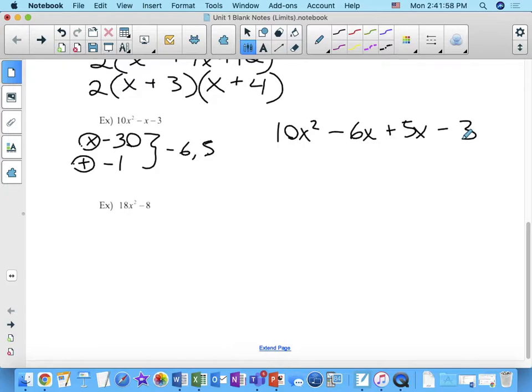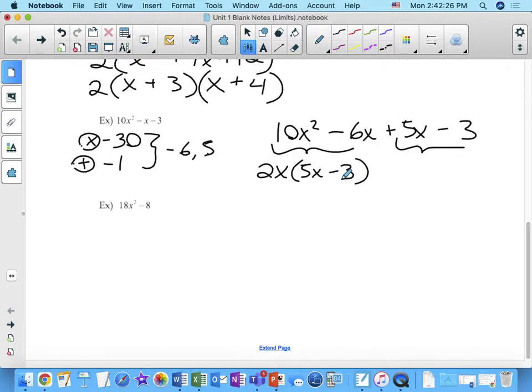Okay, now what? Yeah, so we group these two together, and we group these two together, and then you factor a GCF out of each of those. In the first two terms, there's a GCF of 2x, and we're left with 5x minus 3. And is there a GCF in the second two terms? What would you factor out if there's no GCF?